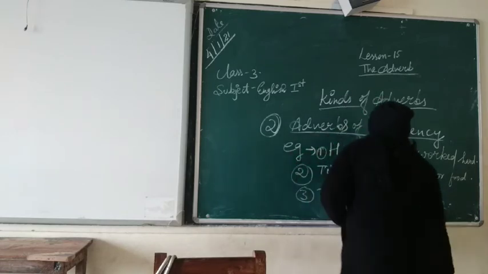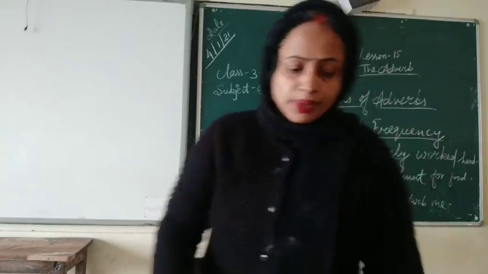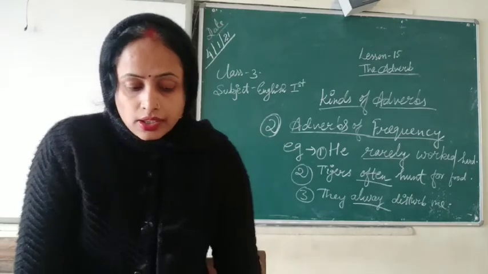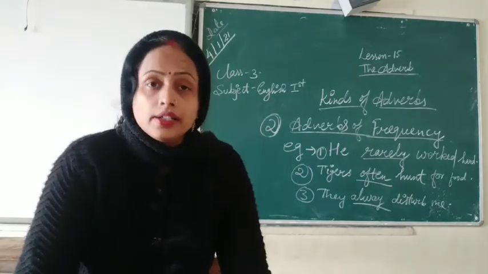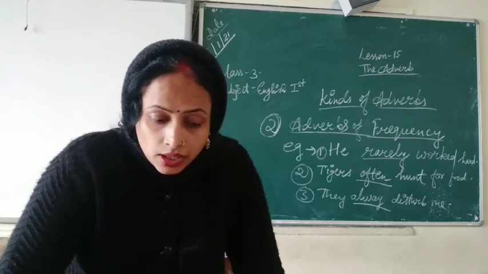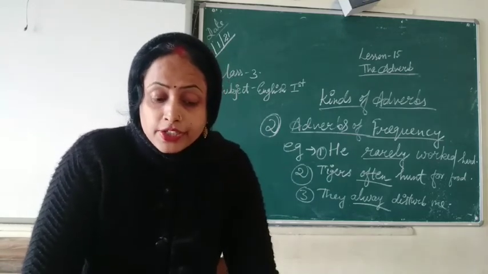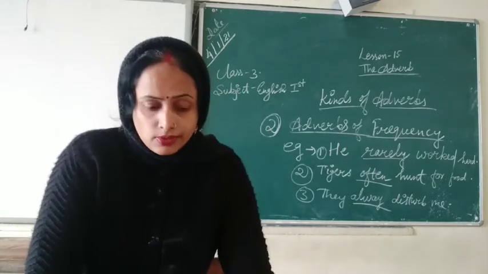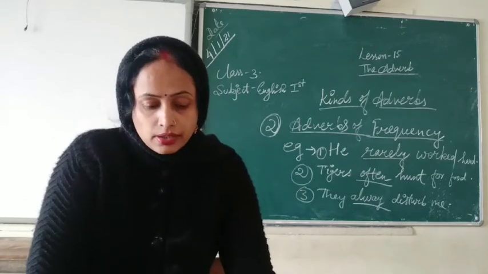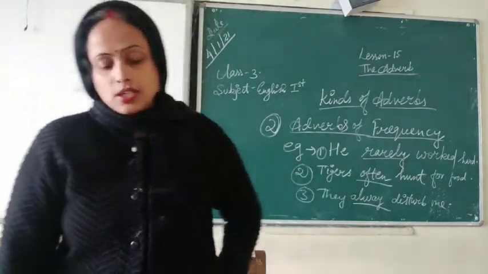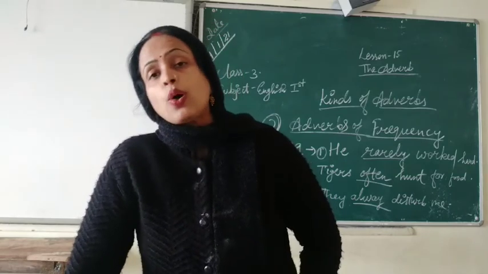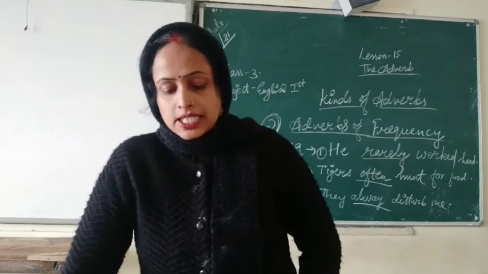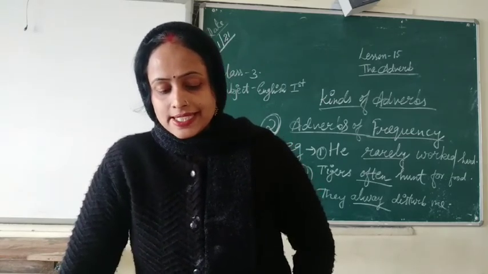Now, what do you mean by this adverbs of frequency? He rarely worked hard. Tiger often hunts for food. I have been to Goa twice. They always disturb me. He frequently comes here. So here in these sentences, the words rarely, often, twice, always, frequently tell us how often someone does something or how often something takes place.